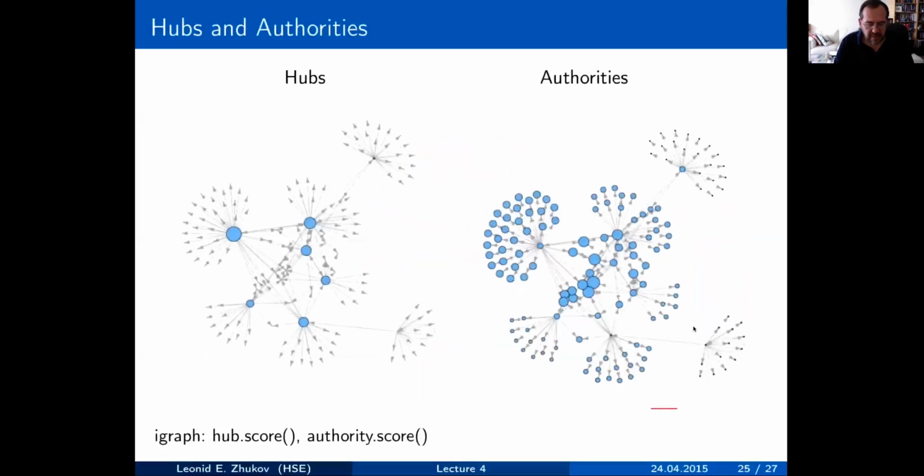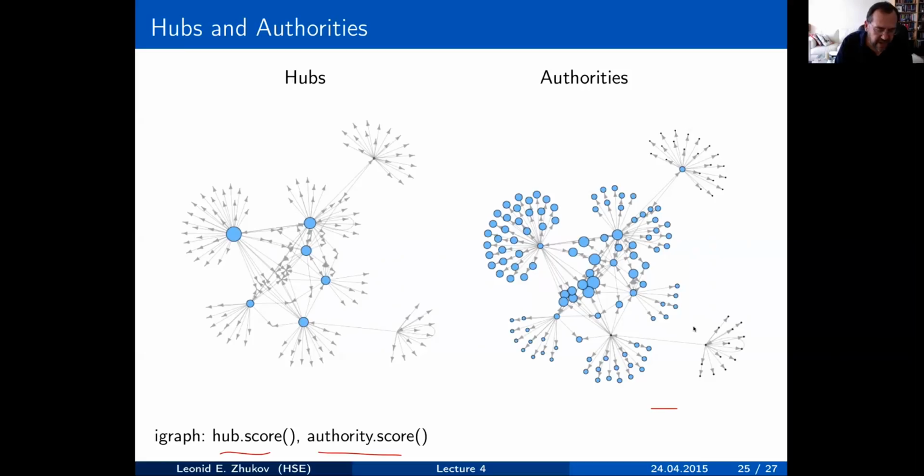So here's an example. It's the same directed graph. This directed graph is for some political blogs, and I calculated here the hub score and authority score, and scaled nodes according to those scores.